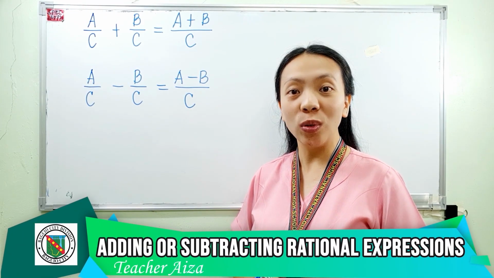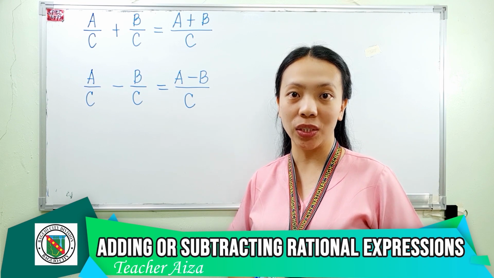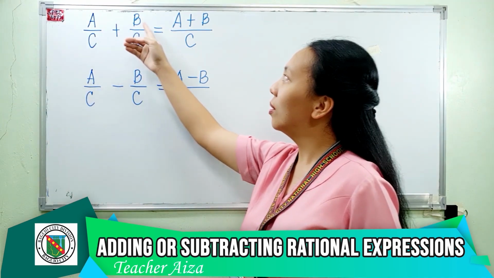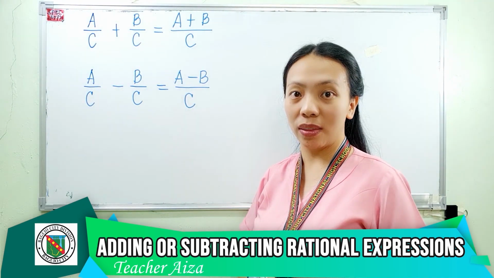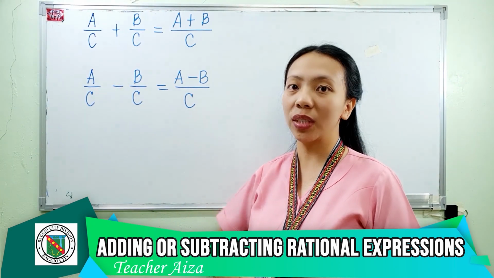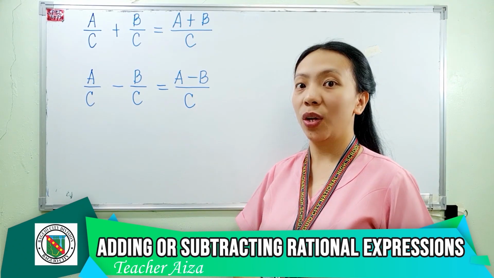We follow only one rule when we add or subtract rational algebraic expressions. And that rule is to add all the numerators together or subtract all the numerators together and then copy the common denominator.